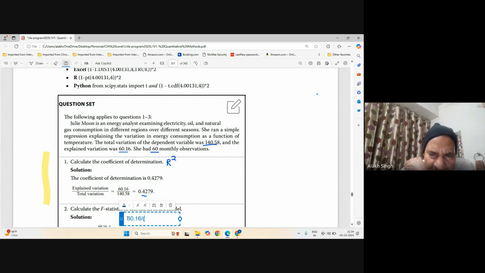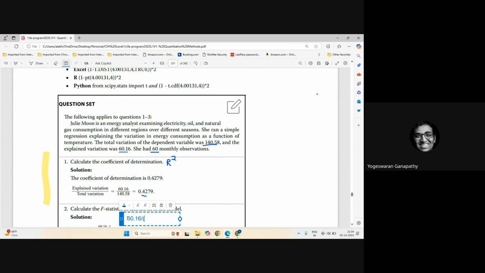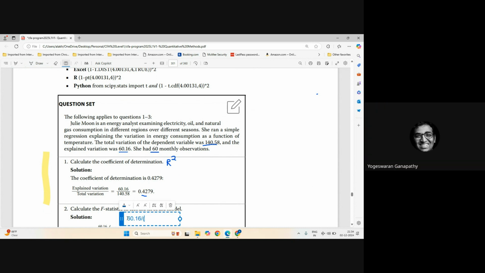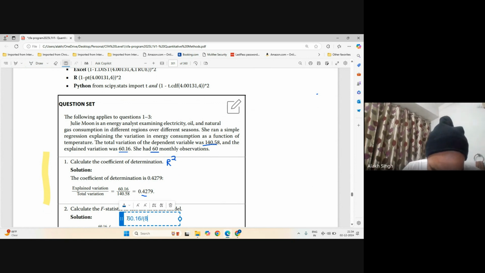Why 140.58? Because we need the SSE. It will be TSS minus SSR, so subtracting 140.58 minus 60.16, that will be 80.3.